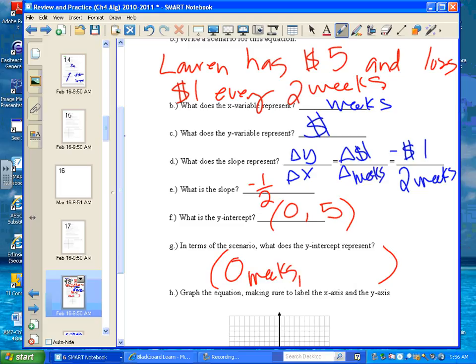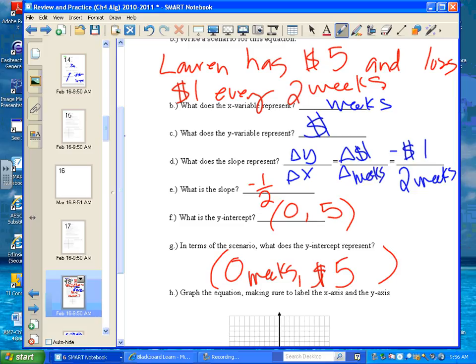Yep, it's always X. Week is X. Well, 5. We're doing y-intercept. Are you on the right problem? Okay, so at week 0, Lauren has $5. So again, you can write that as a statement or as an ordered pair with labels. At week 0, she has $5.